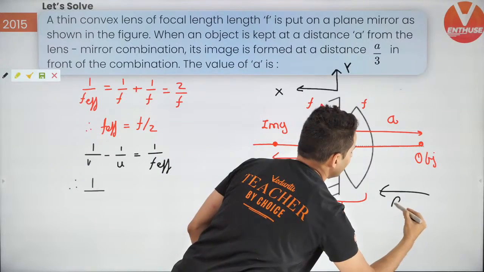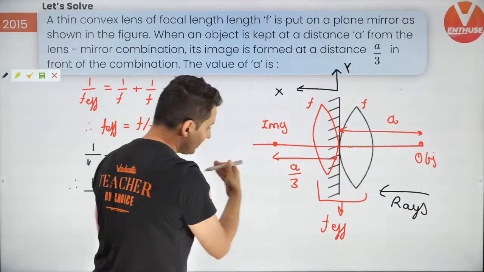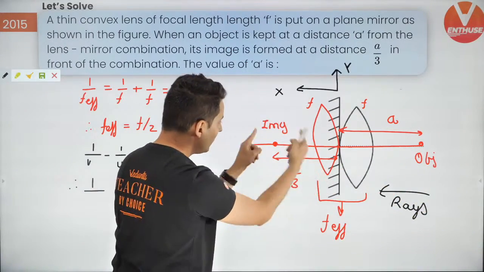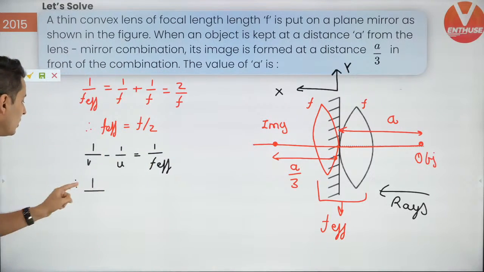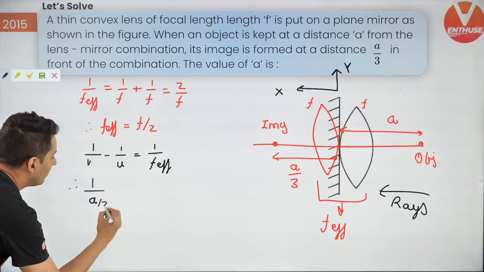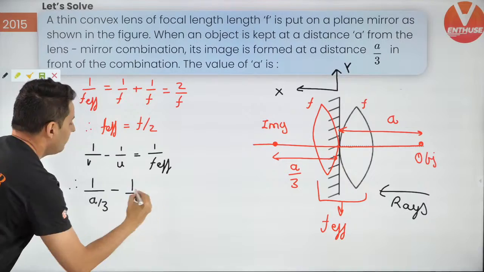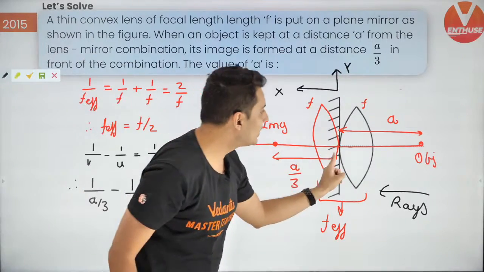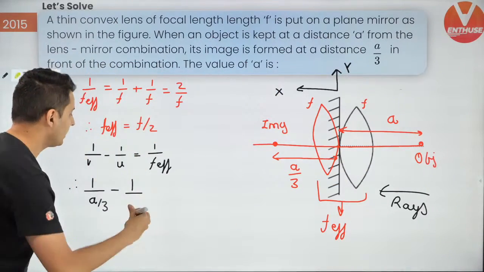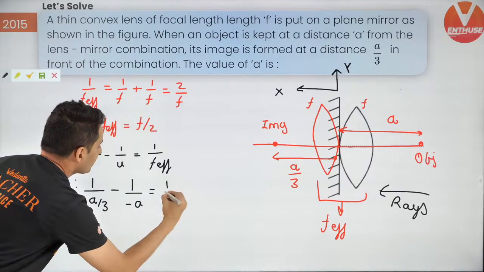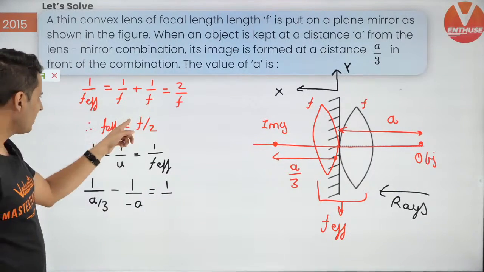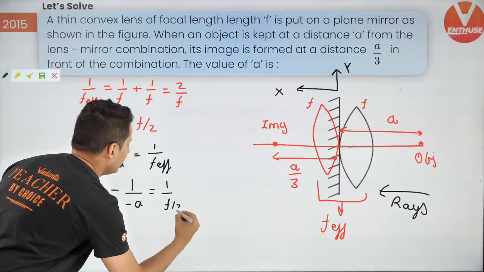Remember, the rays will be coming from here. So this will be positive, that will be negative. So the image is on the positive side. So it will be plus 3 by a minus 1 by u. What is u? u is minus a. It's on the negative side. So minus, minus a is 1 by f effective. f effective is f divided by 2.